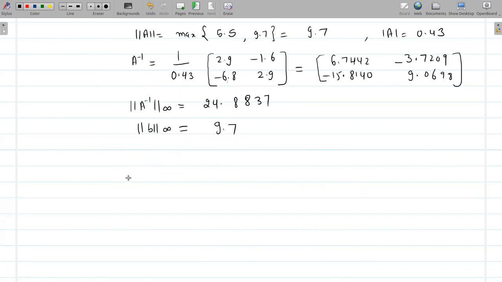And now lastly find residual. So what is residual? This is B minus A x star, where x star is the approximate solution. So B is given, 5.5, 9.7, minus the coefficient matrix.